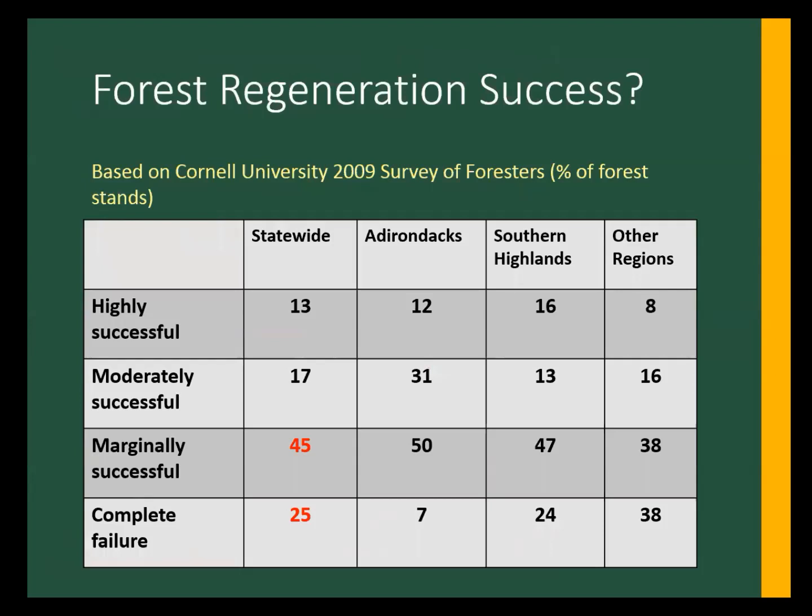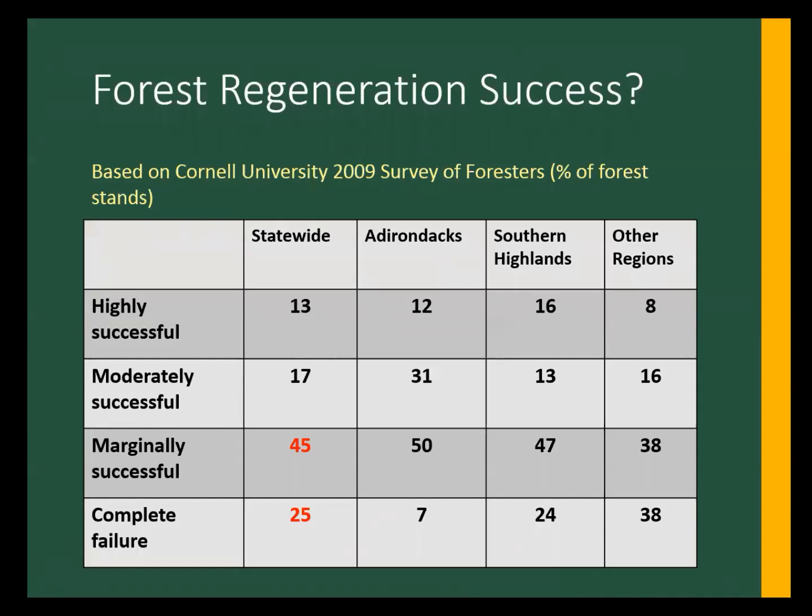So to go along with this, I use this forest regeneration survey of foresters that was conducted by colleagues of mine in our department here at Cornell in 2009, where they asked for different regions, and I'll just focus on statewide for now.